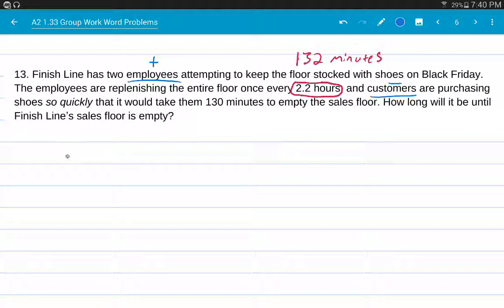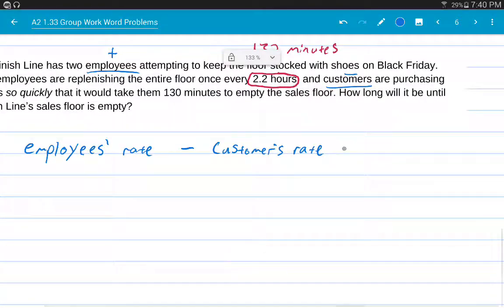I've got employees rate minus customer rate equals the total rate.